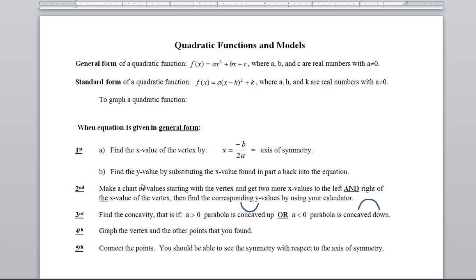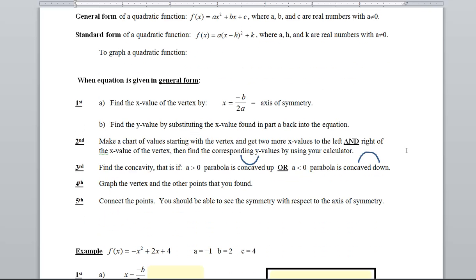Now, the next thing we're going to do is find the concavity. The concavity is how the parabola looks. Okay? If my a value, remember that's the coefficient with my x squared, is greater than 0, meaning it's positive, it's concave up, just like that.